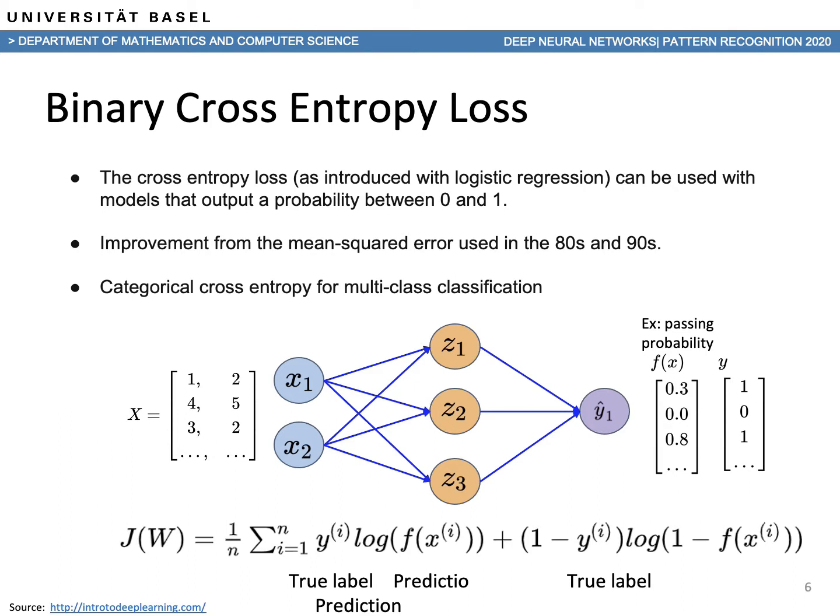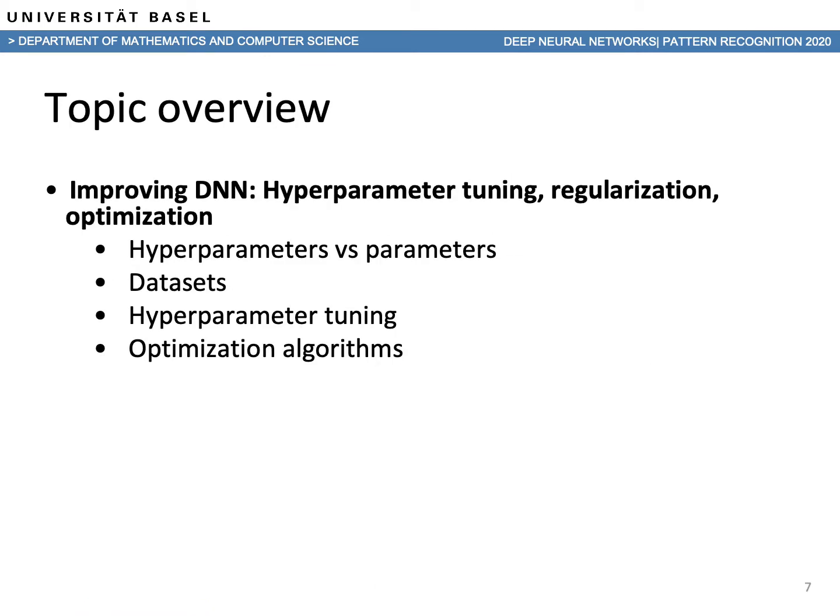And instead of binary classification, if we have multiple classes, then exactly this loss function can be extended to the categorical cross entropy for multi-class classification. So that was a very brief summary of just some of the most important things from the introduction video.